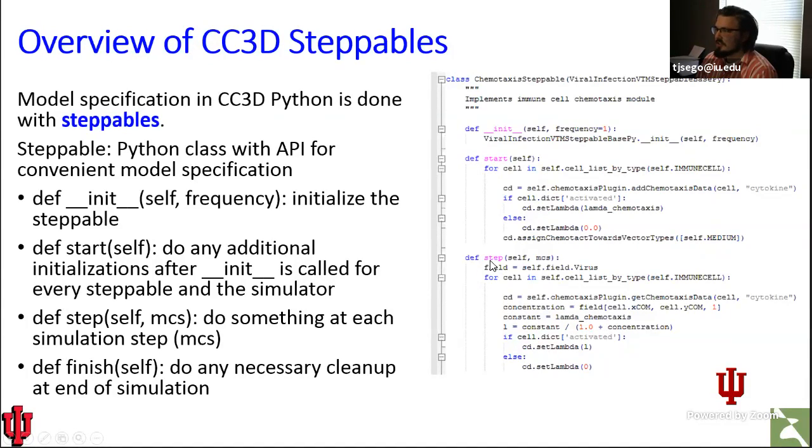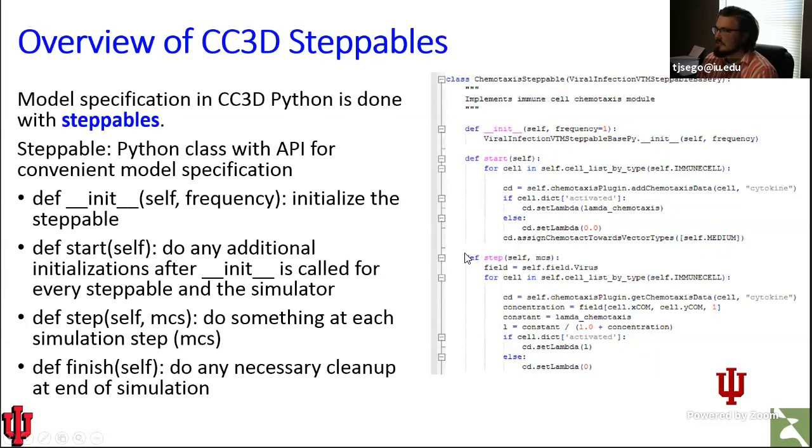And our second function of interest is this function called step. As the name implies, this is a function that gets called by the simulator at every simulation step. So this is where the actual dynamics of the model that you're prescribing with your steppable is implemented.